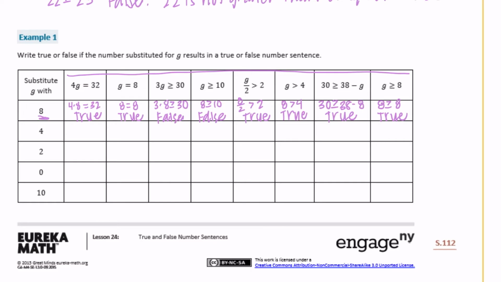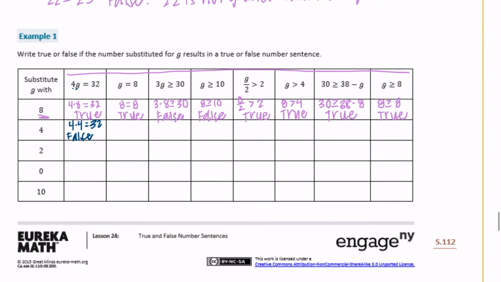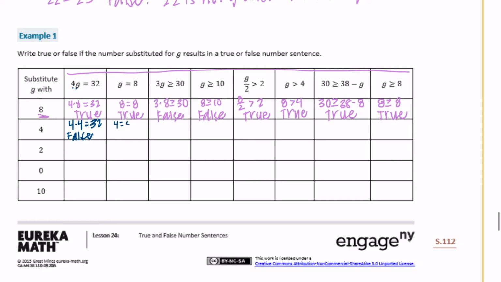Okay, the next one. Now we're going to substitute 4 everywhere for G. So this time, 4 times G is 4 times 4, equal to 32. Well, 4 times 4 is 16, so that is false. Let's see, 4 is equal to 8.